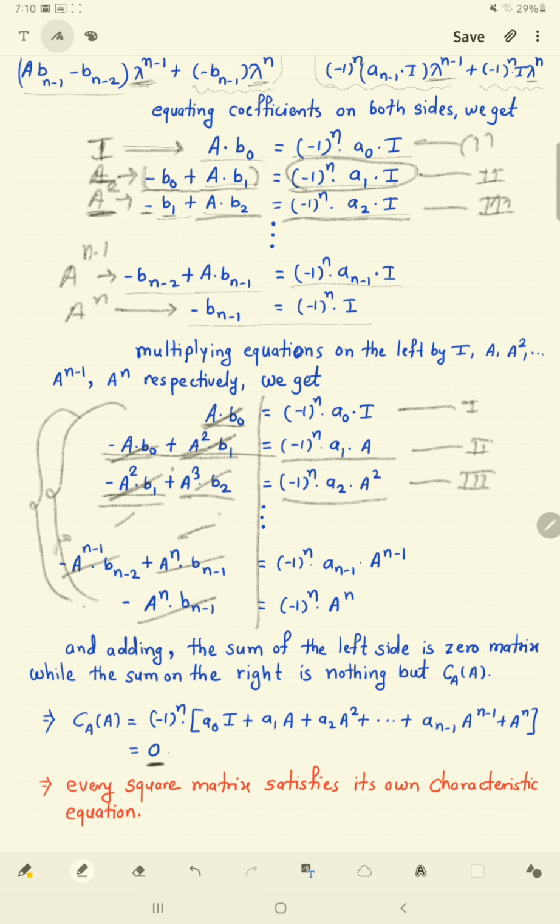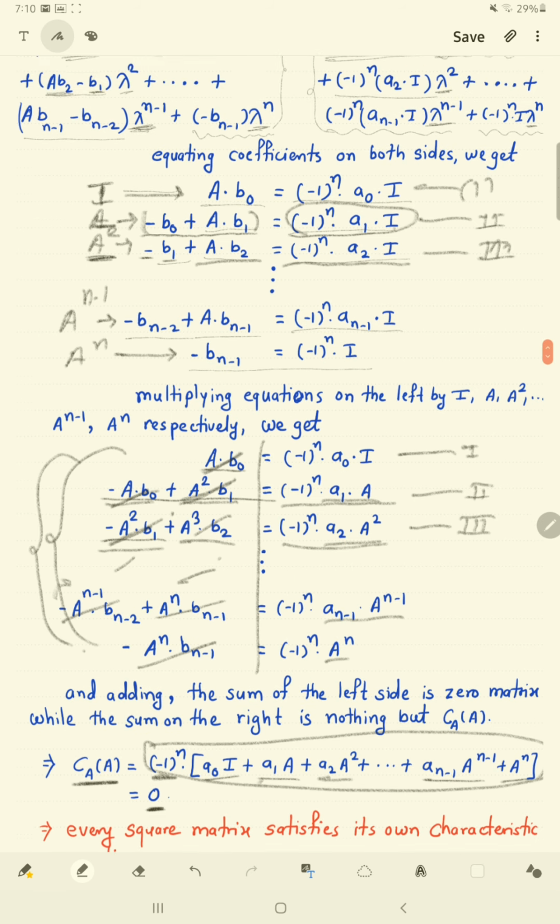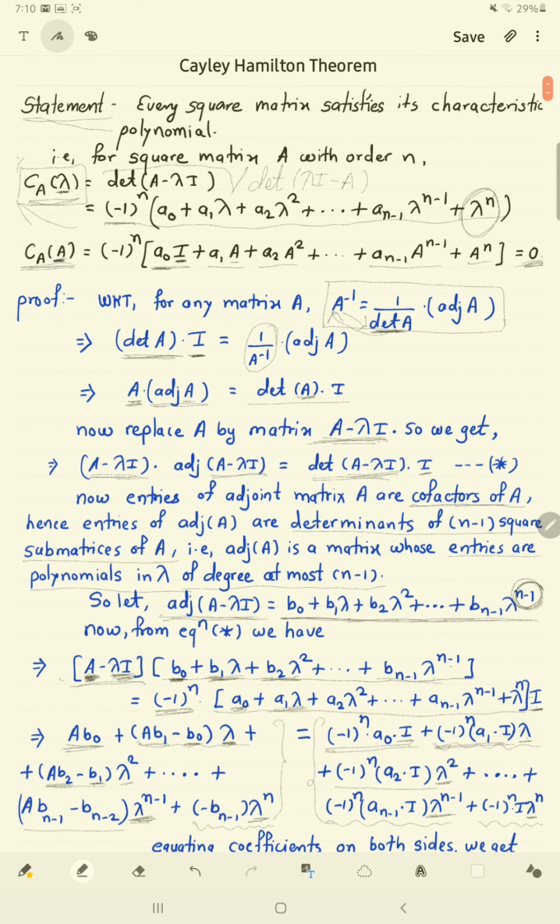And on the right side, minus 1 raised to n is common in all, so I will take it common. Next terms are a naught I, I write down here a naught I, a1 A is here, a2 A square is here. Similarly a n minus 1 A raised to n minus 1 and a n A raised to n is here. But this whole expression is nothing but C_A of A, as we see here.